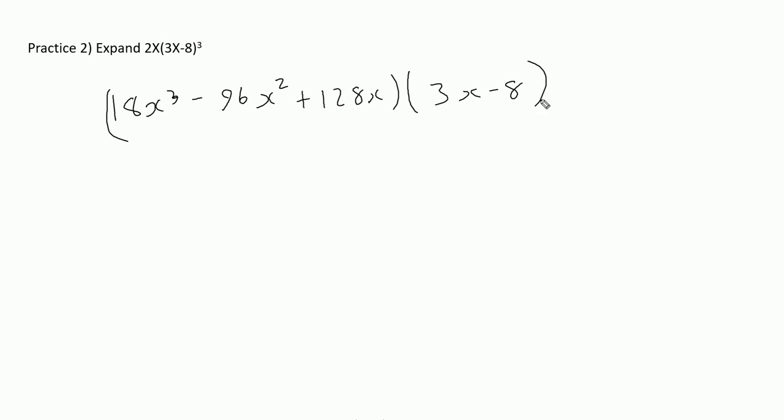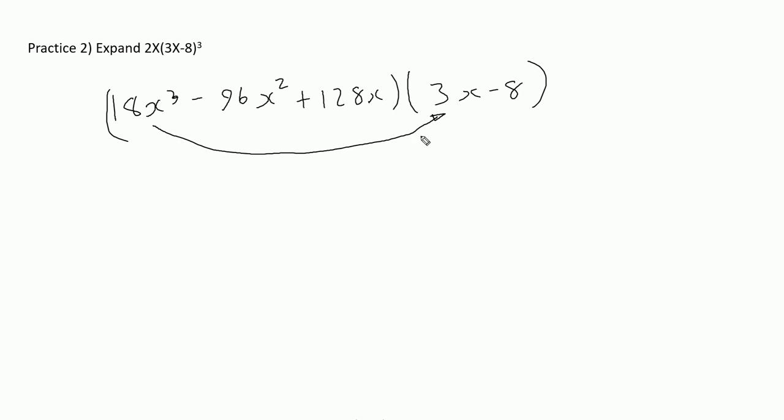Now you might be thinking that there are 3 terms in here, so things have just gotten a bit more complicated, but the claw method will still apply. There will just be 2 more arrows coming from this bracket because we have 1 more term. So again, the rules that everything in this bracket must be multiplied by everything in this bracket still stand.